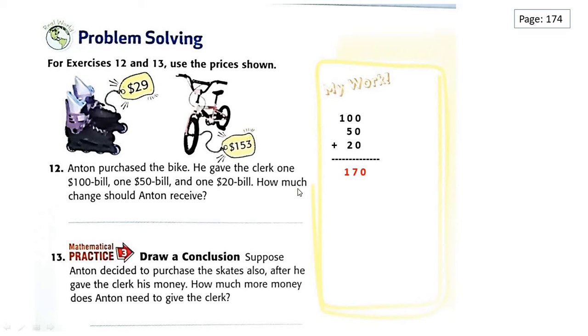So now to find how much change Anton should receive, we have to find the difference between the total, 170, and the price of the bike, which is 153. And if we subtract them, we will get 17. So Anton will receive $17.